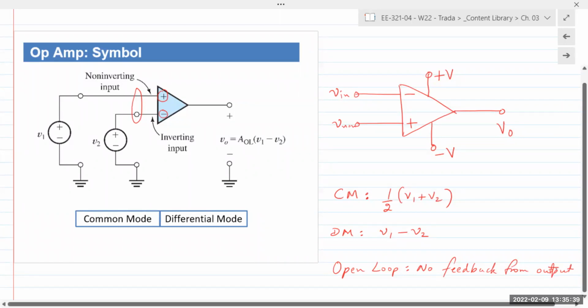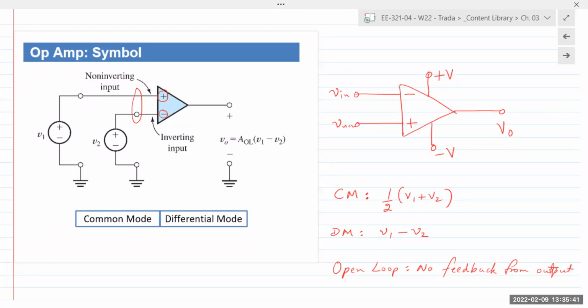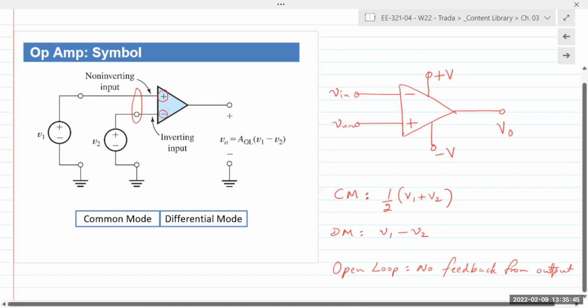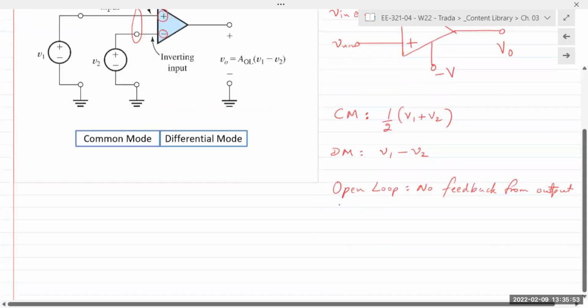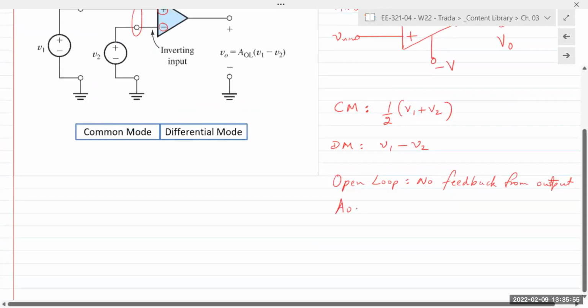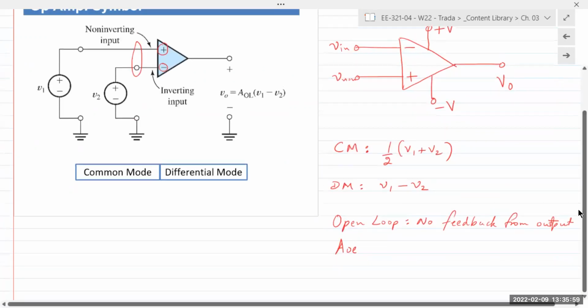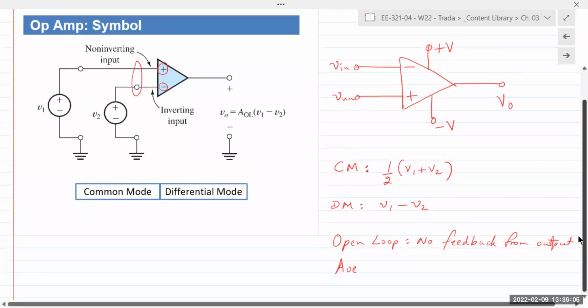And the op-amp property is that it has infinite open loop gain. Gain is noted by the letter A, so open loop gain is referred to as AOL.